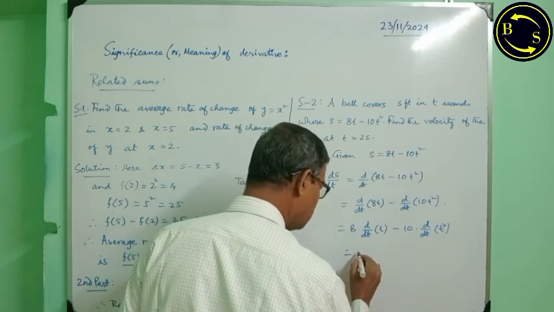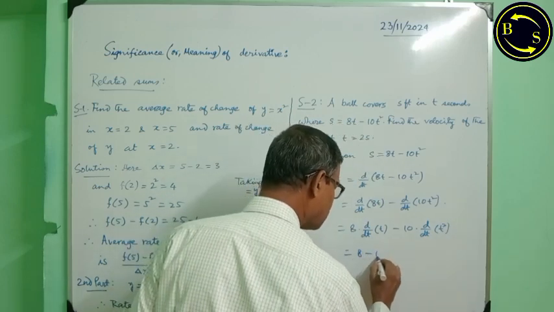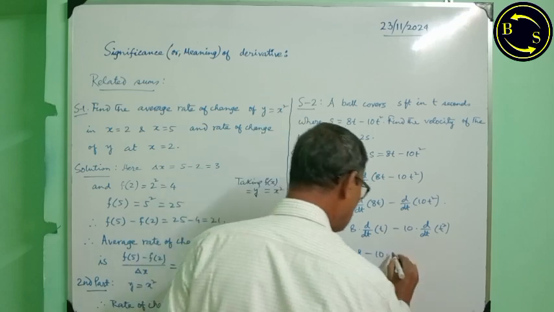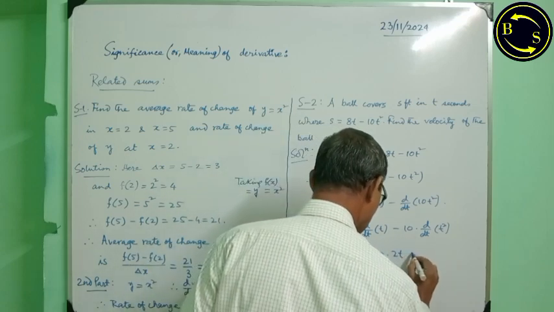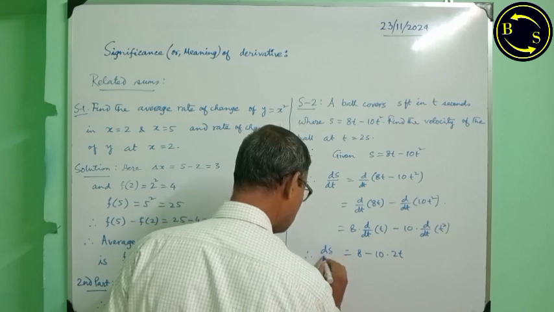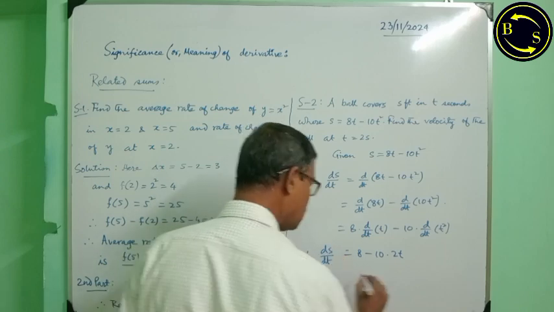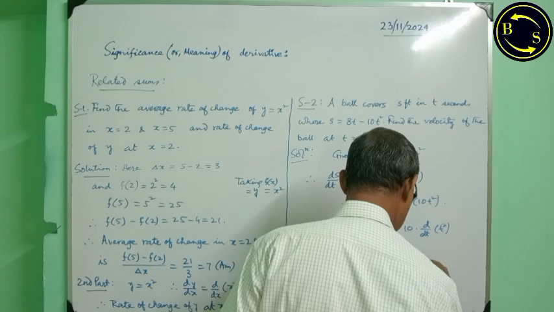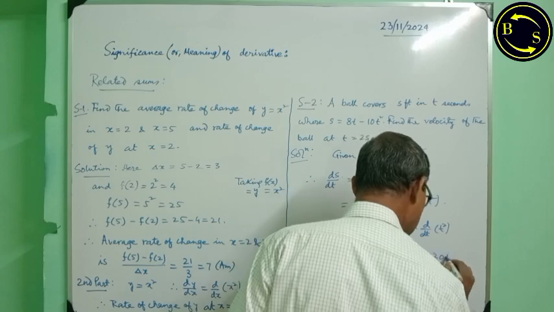Therefore this is 8 minus 10 into 2t. Finally, 8 minus 20t.